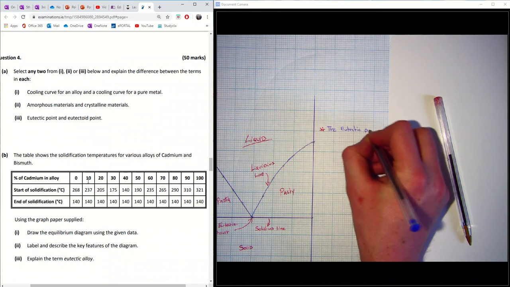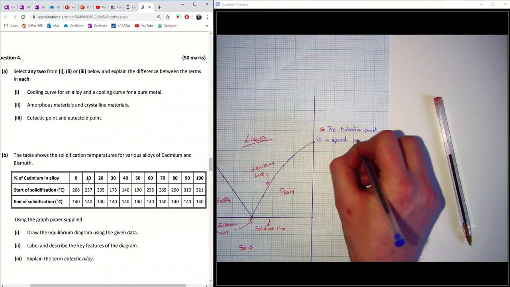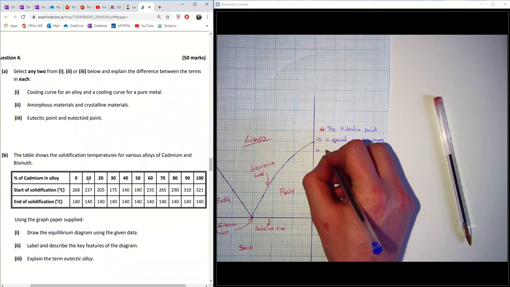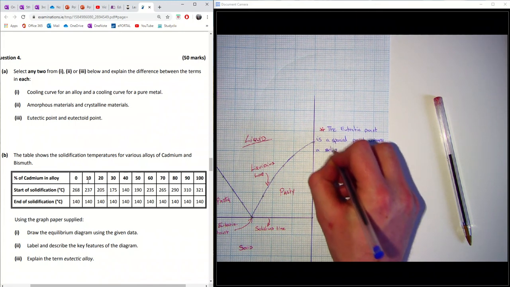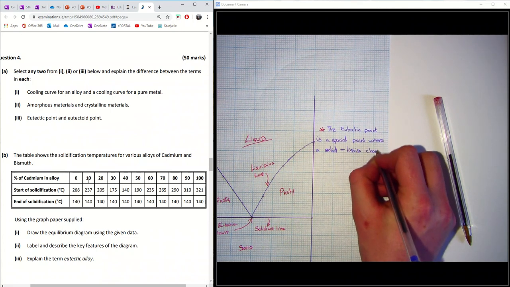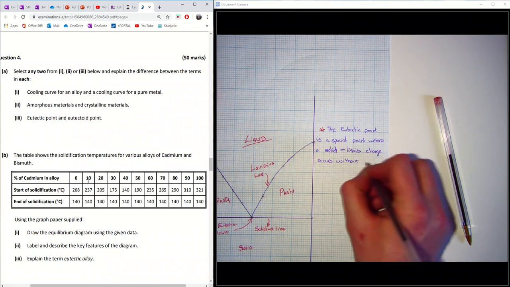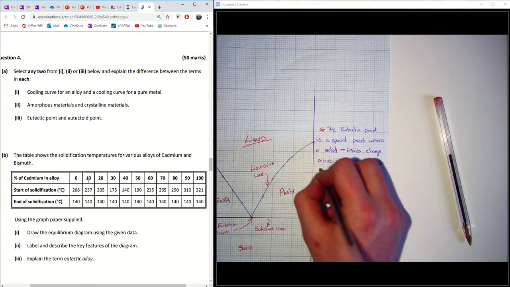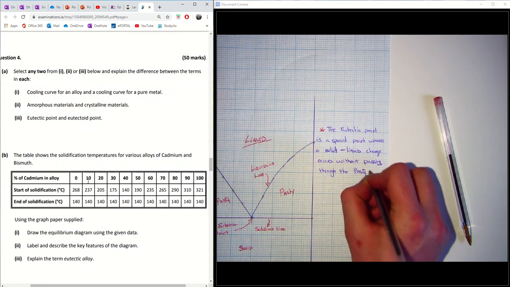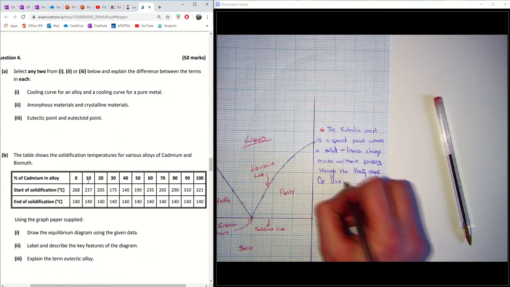We're saying the eutectic point is a special point where solid to liquid change occurs without passing through the pasty stage, or vice versa.